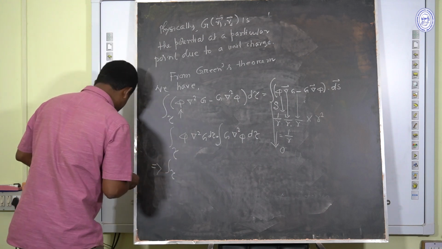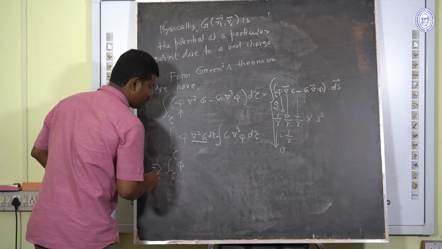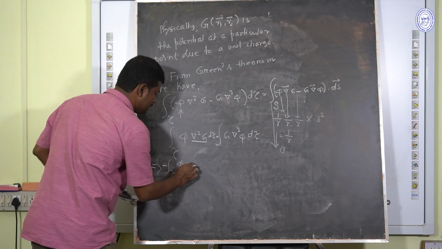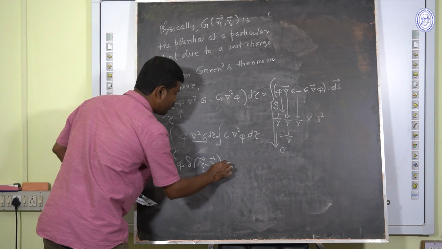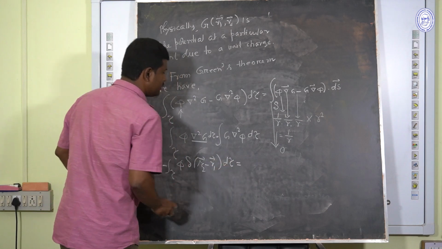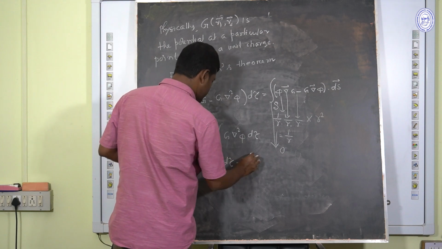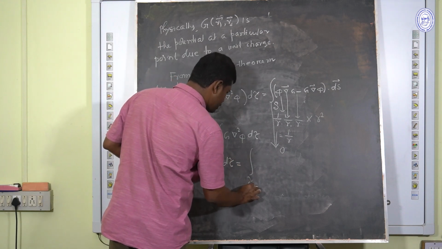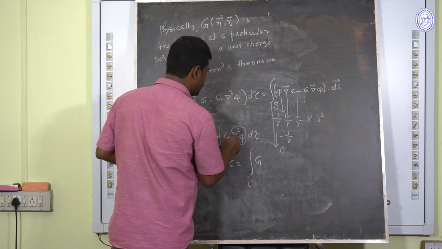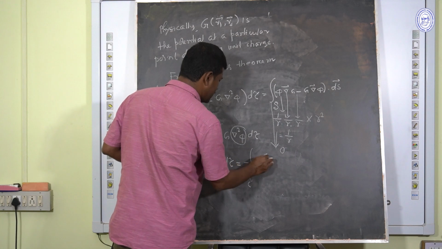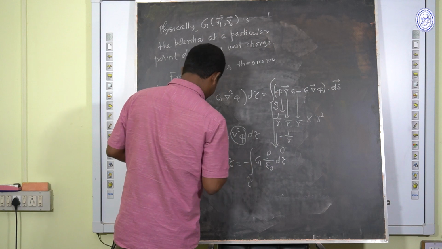Then the integration over the volume tau of phi Laplacian of G, which is minus delta of r2 vector minus r1 vector, d tau, is equal to the integration over the volume tau of G, and from Poisson's equation Laplacian of phi equal to minus rho by epsilon 0, d tau.